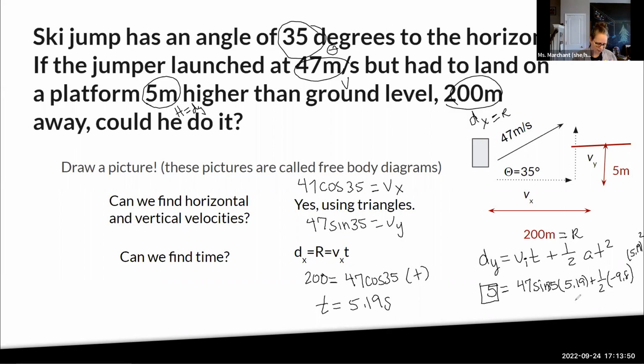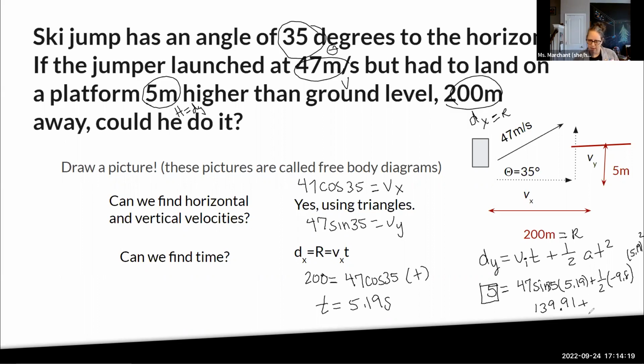47 times sine of 35 in parentheses times 5.19 gives me 139.91 plus 1/2 times negative 9.8 times 5.19 squared.